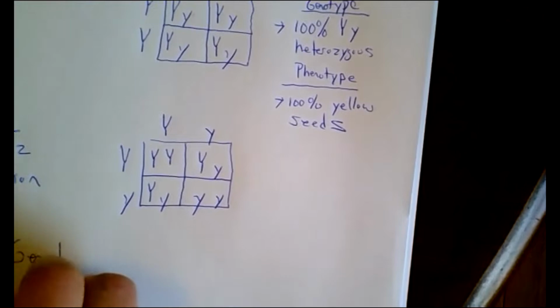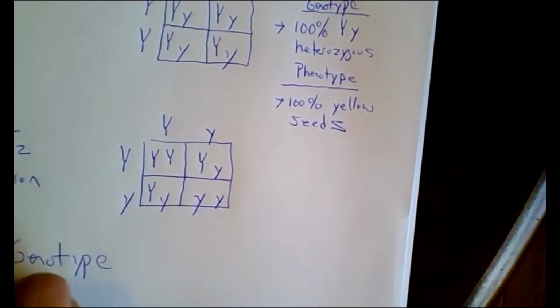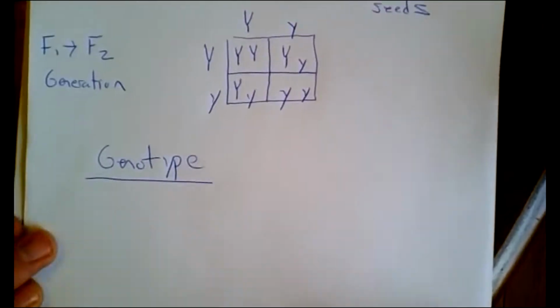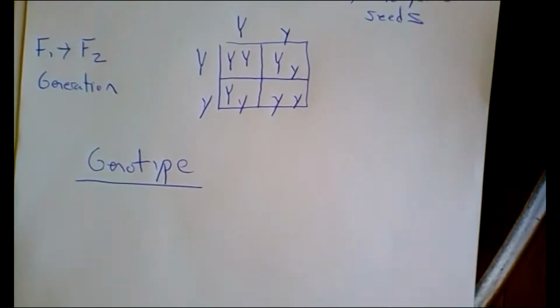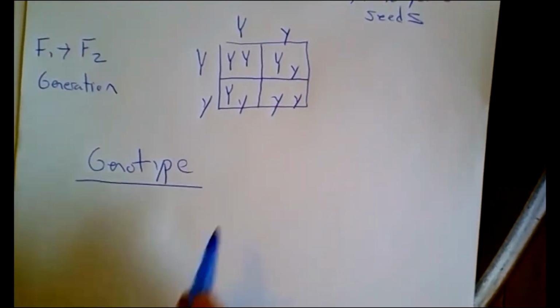Let's start by looking at what the genotypes are in this particular Punnett square.